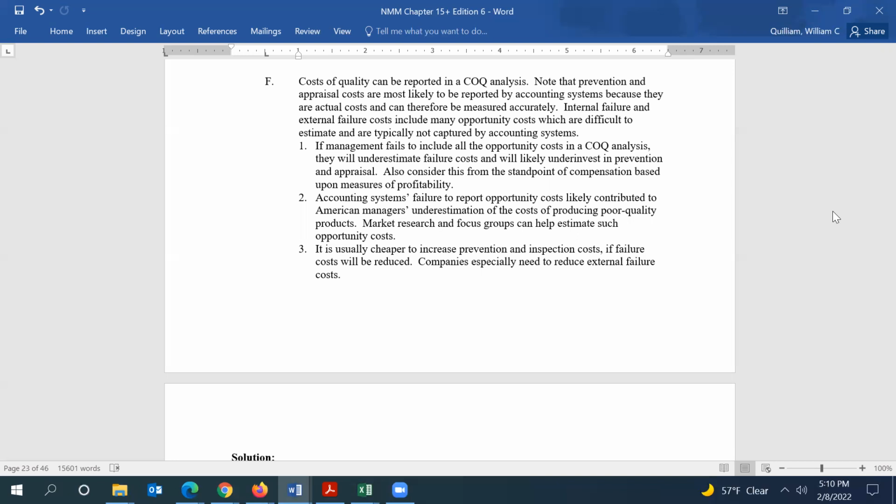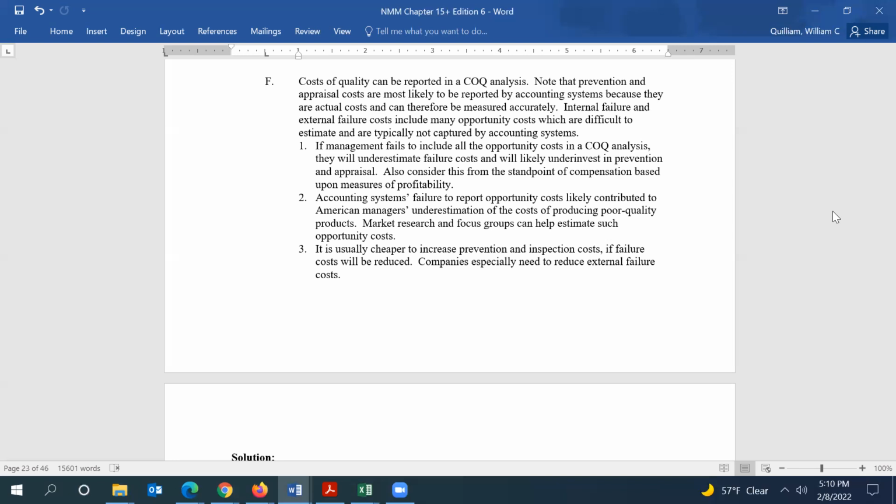But note the prevention and appraisal costs are most likely to be reported by accounting systems because they're actual costs, and therefore they can be measured accurately. But internal failure and external failure costs include many opportunity costs which are difficult to estimate, typically not captured by accounting systems, so they go unnoticed.